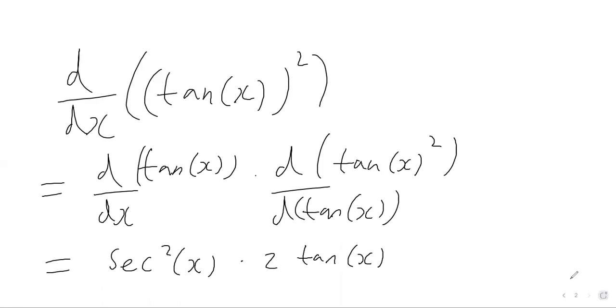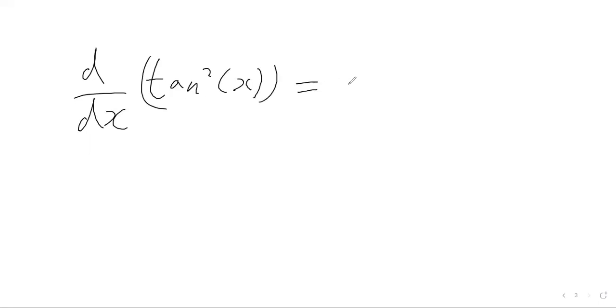So now we can just write the final answer out. So d by dx tan squared is going to be 2 sec squared x times tan x. Okay, great. Yep, so that's the derivative of tan squared.